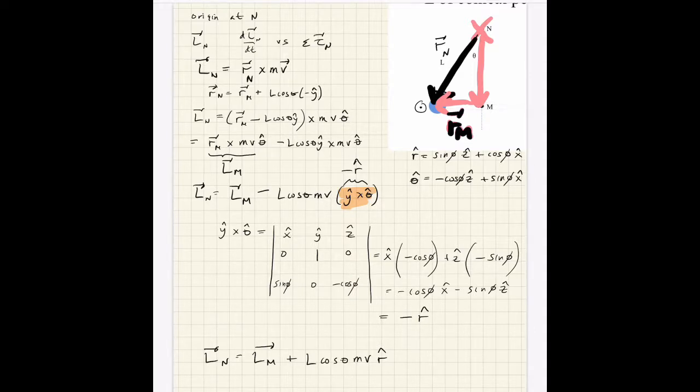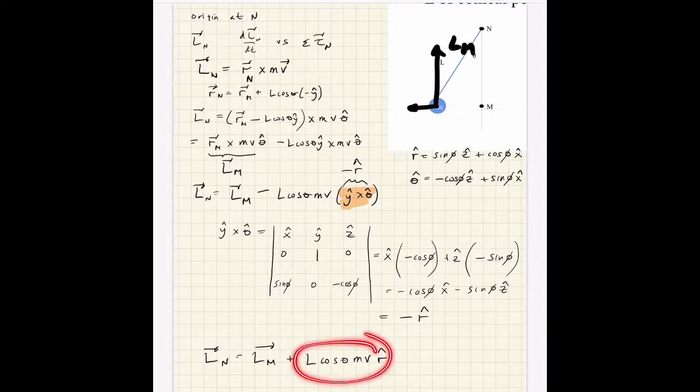And so what that looks like, if you don't mind me erasing this, is the angular momentum is going to have a component in the positive y, like before, but also in the radial, right? So it's L sub m, and then it also has this kind of radial component, right? And then L sub m. And those will add up together to look like this. So this is L sub n.